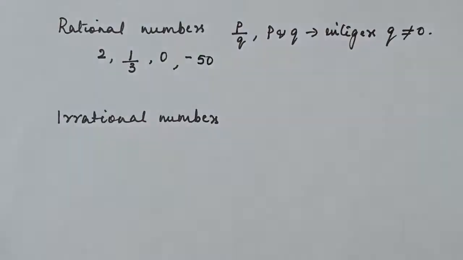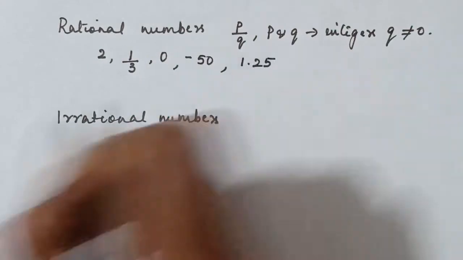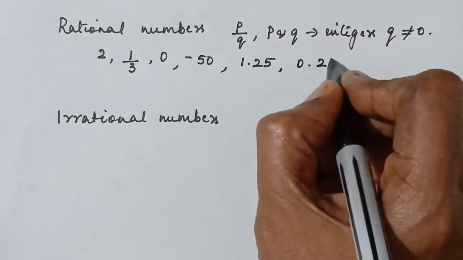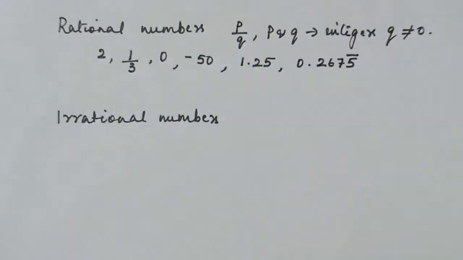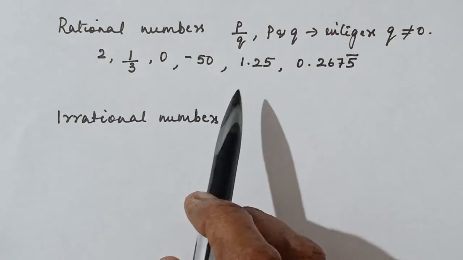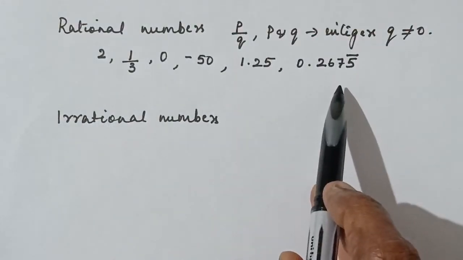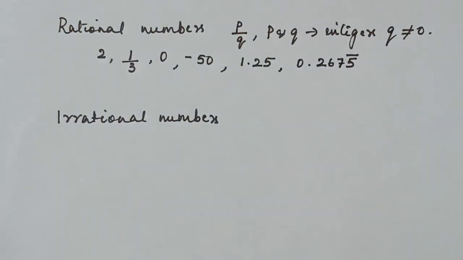50 is a rational number, 1.25 is a rational number, 0.2675 bar is a rational number. All these are rational numbers. That is, we can express all these rational numbers in the form p by q.